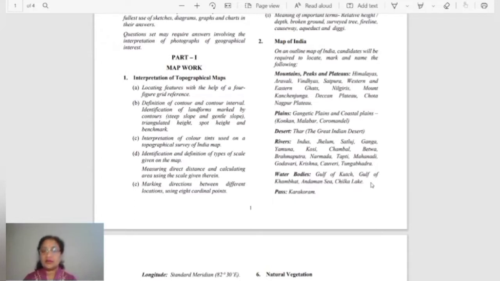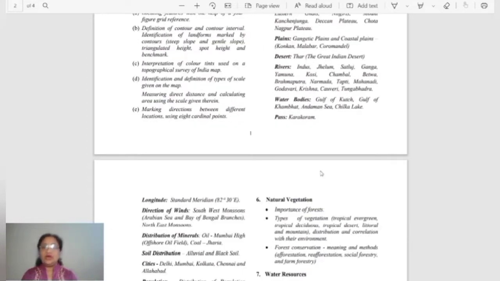These three are not there in the water bodies which we have to mark in the map of India. Now we are left with only the two gulfs, Gulf of Kutch and Gulf of Khambat, Andaman Sea and the Chilka Lake.